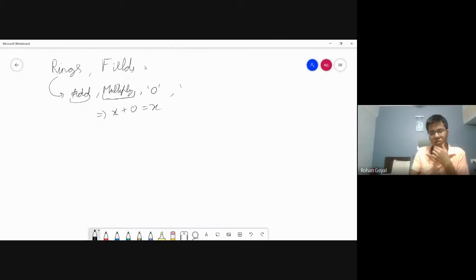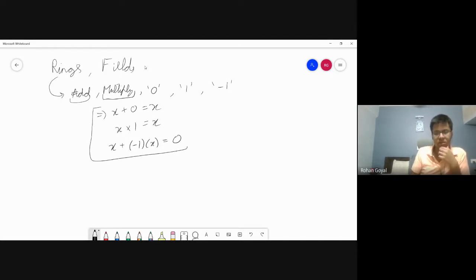You have something called a 1, x times 1 is equal to x for all x, and you have something called the negative of a number. So you have negative 1, so that x plus (minus 1) times x is equal to 0. These three things you must have.